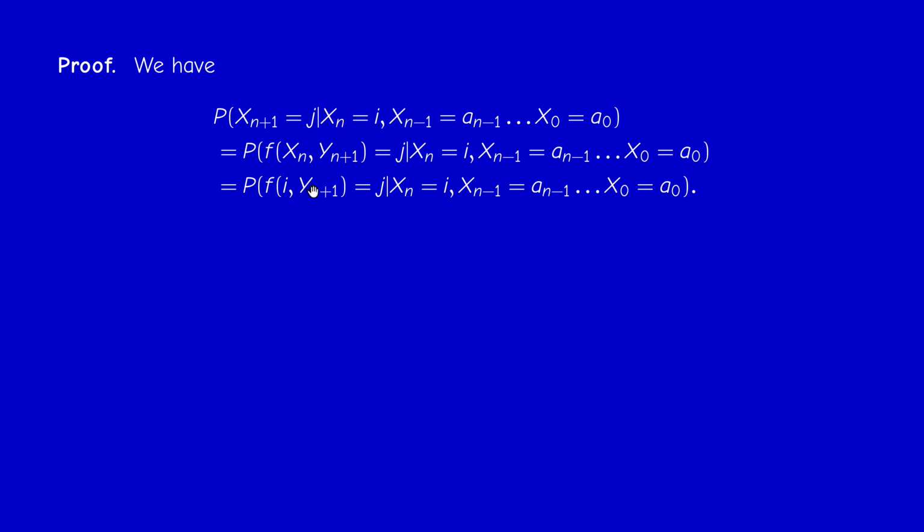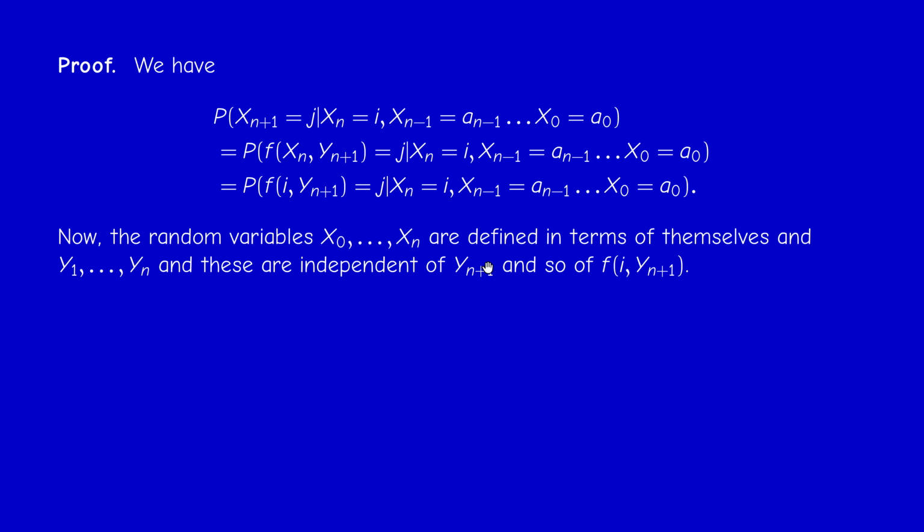We just replace. Xn plus 1 is by definition f of xn and yn plus 1, right? So just replace. And now, since we are given that xn equal i, we can replace xn by i. So we get the third equation. So the probability of this conditional event is the probability that f of i and yn plus 1 equal j, given the previous history.